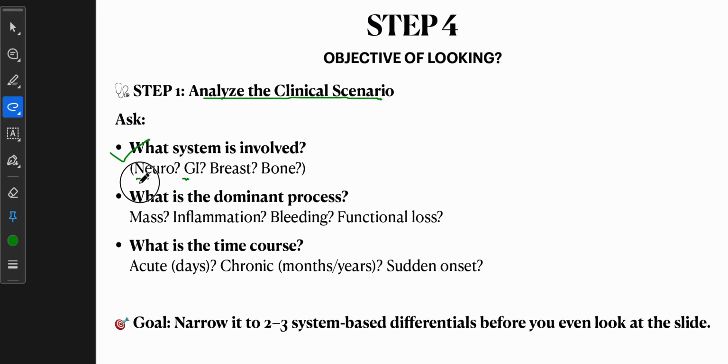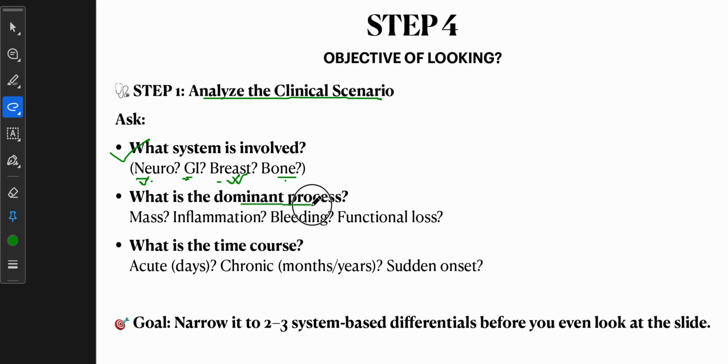So you don't have to get confused with neuro or breast or bone, and the differential diagnosis narrows down due to these symptoms. And if there is a painless lump in the right breast, let's say, you don't have to worry about bone, GI, or neuro. How do they look in tissue, in histopath, right? So you have to focus just on the breast.